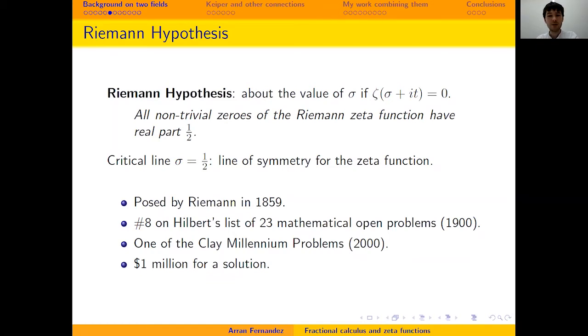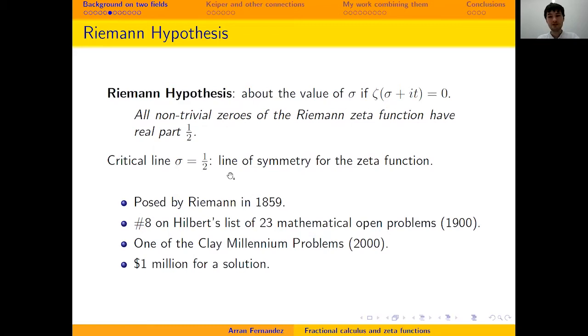And the Riemann hypothesis says that all non-trivial zeros of the Riemann zeta function, there are some trivial ones which are easy to deal with, all of them which are non-trivial should have real part 1/2. That's the Riemann hypothesis. Nobody knows if this is true or not. Most mathematicians think that it is true.